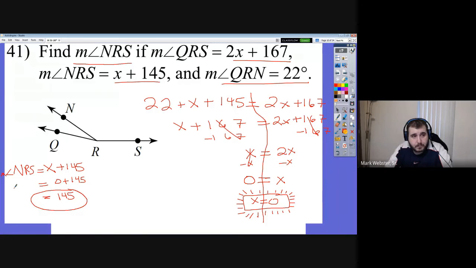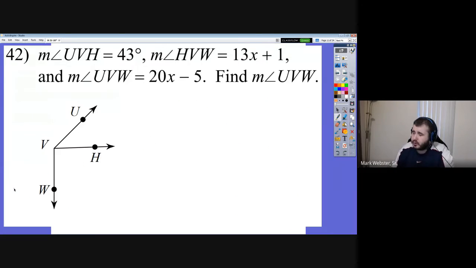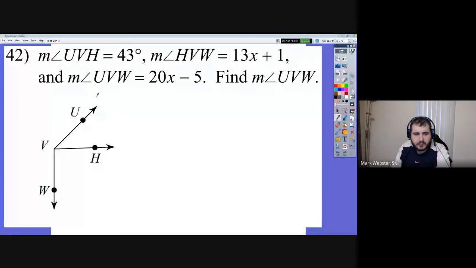Okay. Give this one a try on your own. Make sure you are capable. So once again, going through and getting this forward, we're trying to find UVW. We're trying to find the whole thing. That's what we're trying to find. So we know that that is 20x minus 5, right? So that's what we're going to plug into.